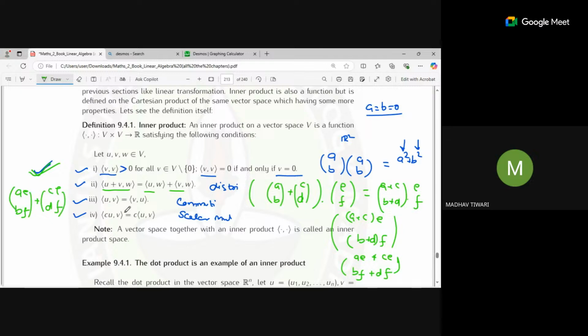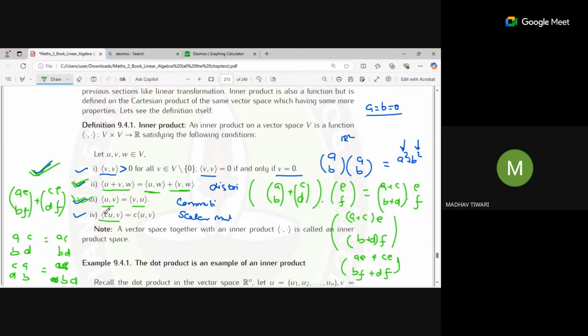If you look, these two vectors are nothing but U dot W and V dot W. So this property is also satisfied. Next is this commutative. If you multiply (A, B) with (C, D), it will give you AC and BD, right? And if you multiply (C, D) with (A, B), it will also give you CA and DB. But you know that multiplication is commutative for real numbers. So it will be AC and it will be BD. Same. Okay, so this property is satisfied.